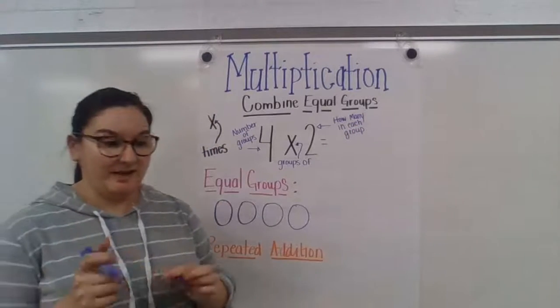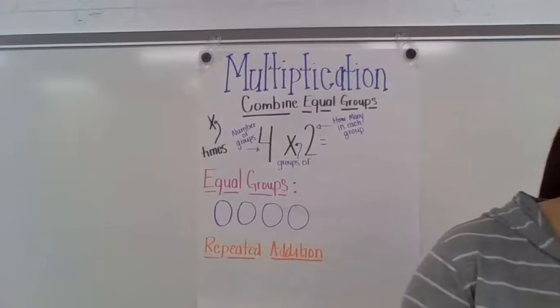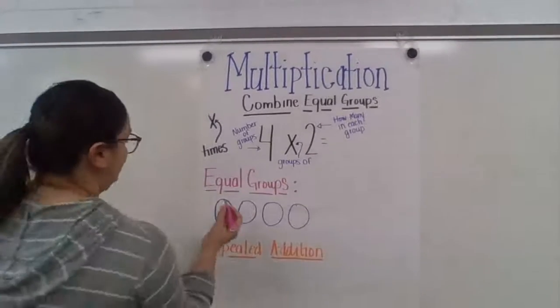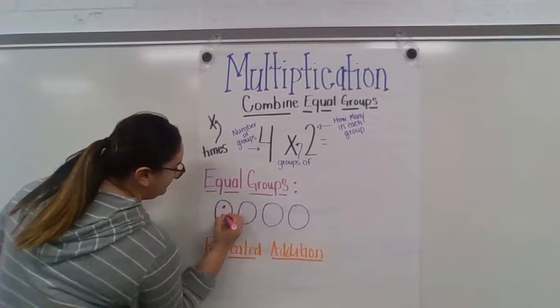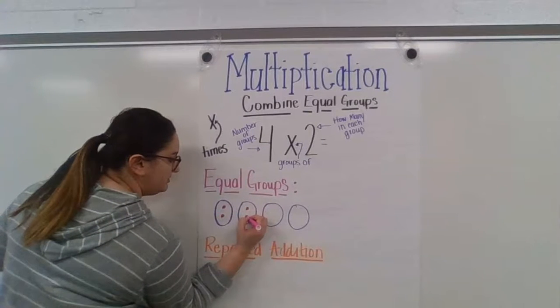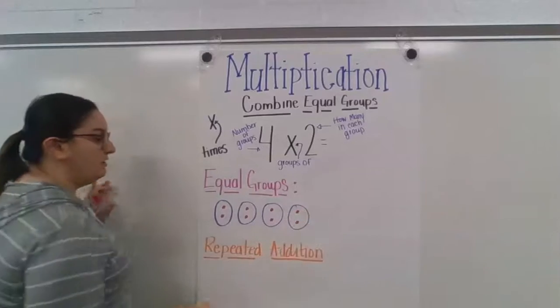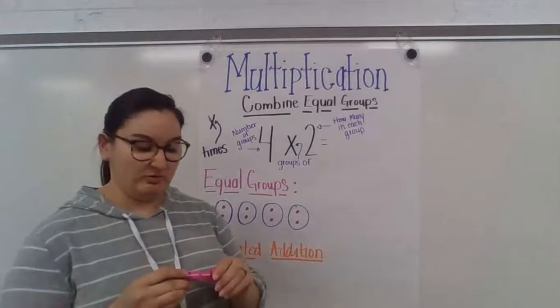So I know that I'm going to have 2 in each of my groups. Okay. So I have 1, 2, 1, 2, 1, 2, 1, 2. So this is how I show equal groups.